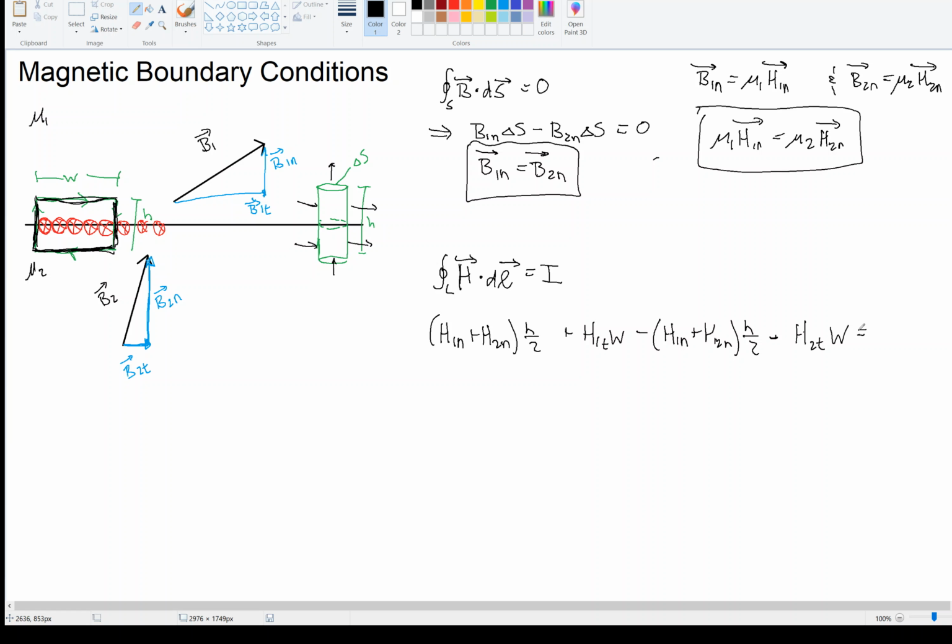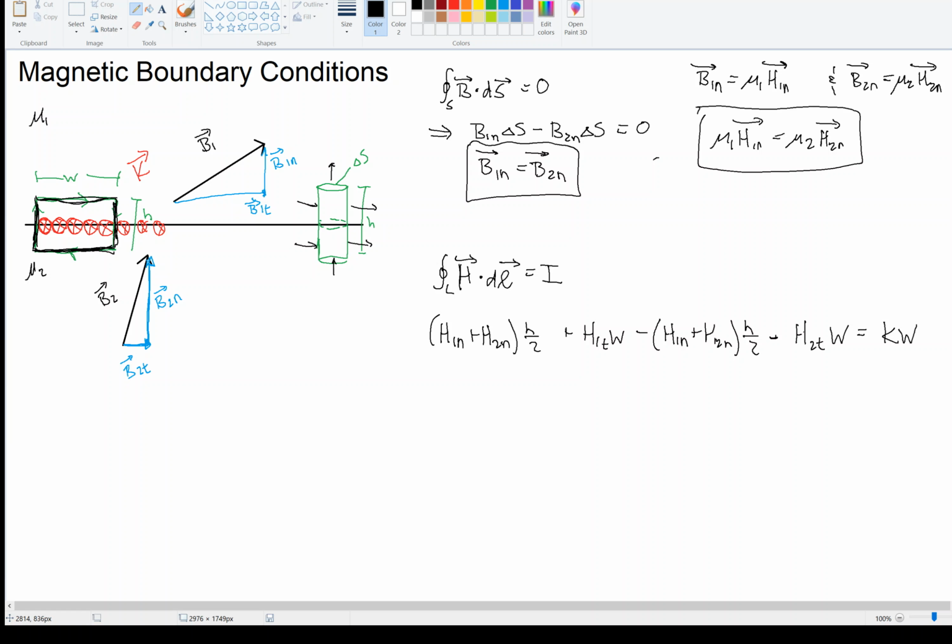And then according to Ampere's law, that's equal to the amount of current that this thing contains. If we say that this has a surface current density of K, then it contains K times w current.